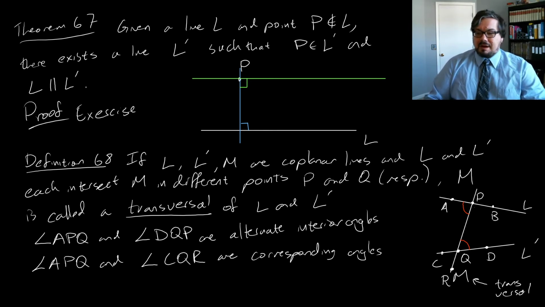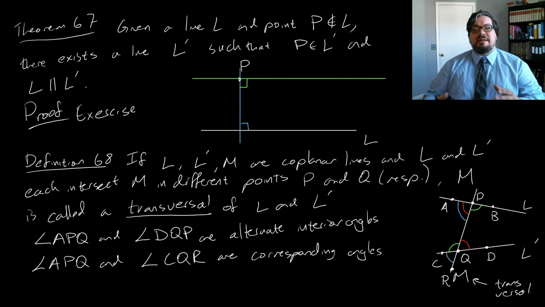Of course, there is one other pair of alternate interior angles here, BPQ and CQP. But we also have corresponding angles, and we have 4 pairs of corresponding angles. So the angle here at A corresponds to the angle here. And again, looking at the picture, the idea is that the lower left angles in both intersections are called corresponding, and similarly the upper right angles in both cases would be called corresponding.